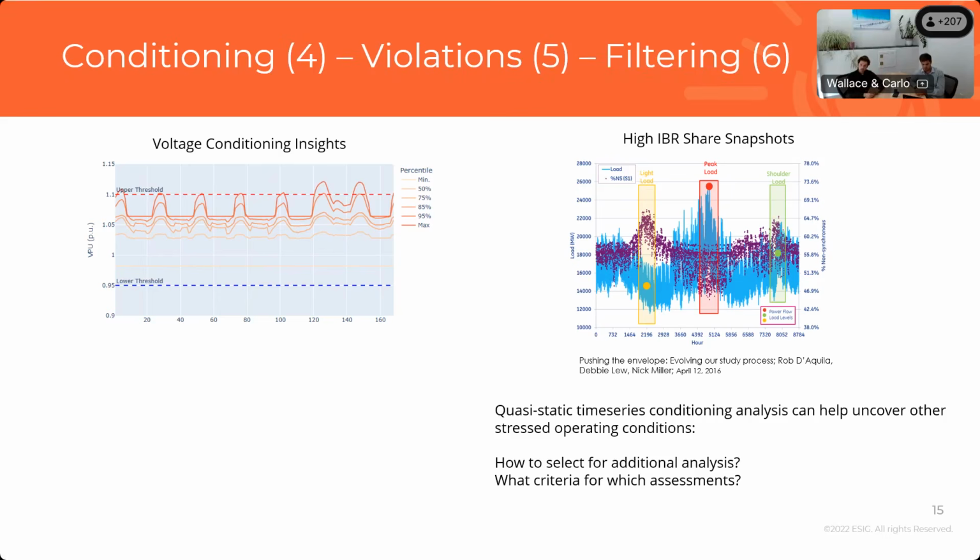Maybe in particular regions where I might have what's generally considered a weak system and may have poor voltage regulation capabilities. If I'm looking at large transfers between regions, where I might have some susceptibility to rotor angle stability as a traditional type of stability analysis.